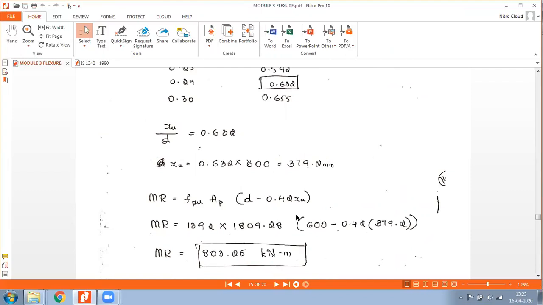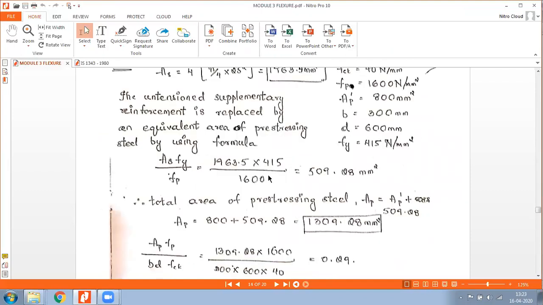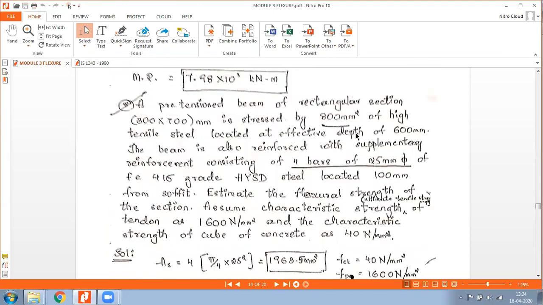This is the solution. The only change with previous problems is we need to calculate the effective equivalent area of pre-stressing steel in this problem by using this formula. It is As into Fy divided by Fp. Again, we need to add with the 800 because here the grades of the steel are going to change.